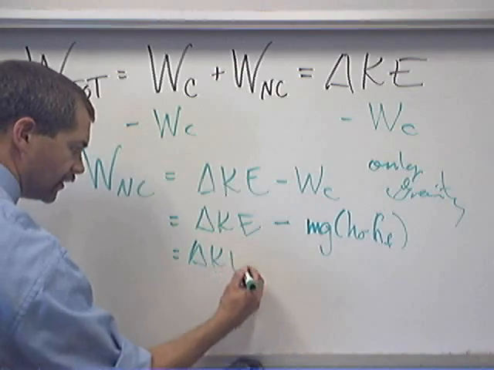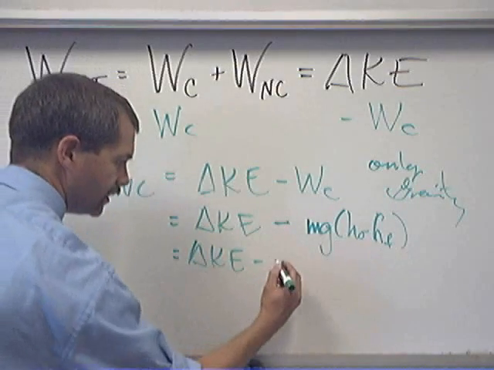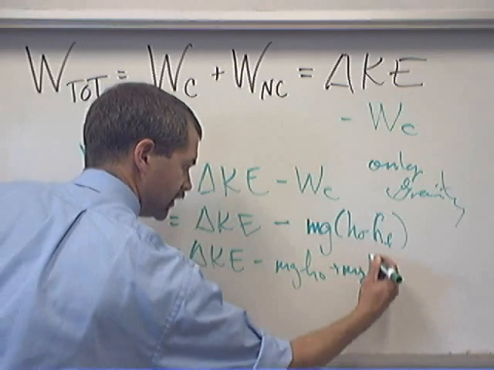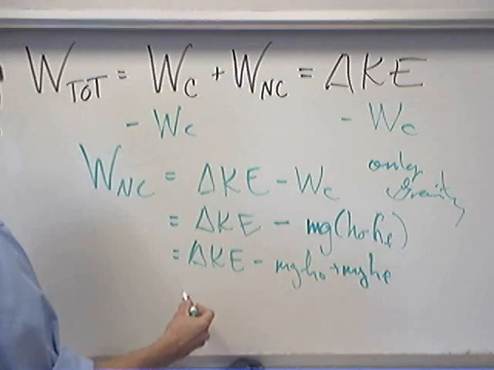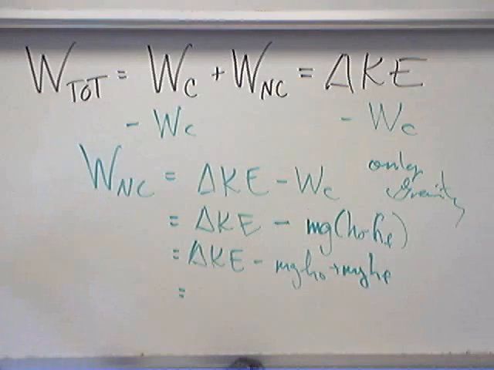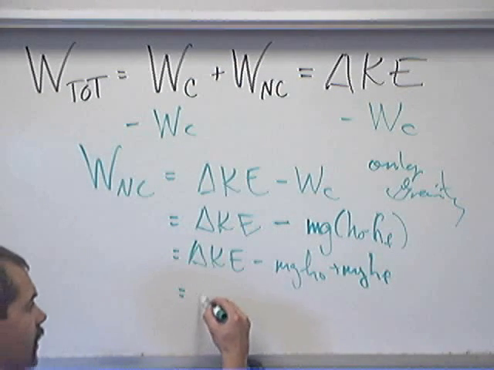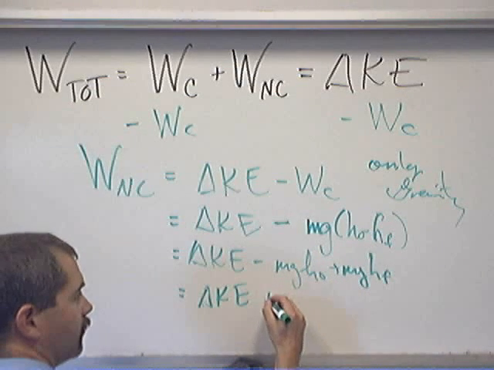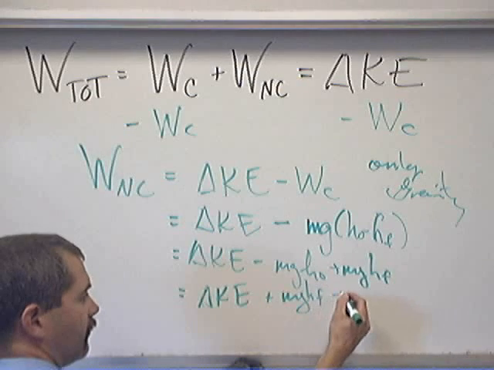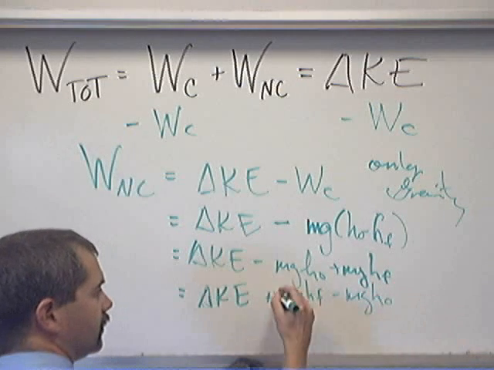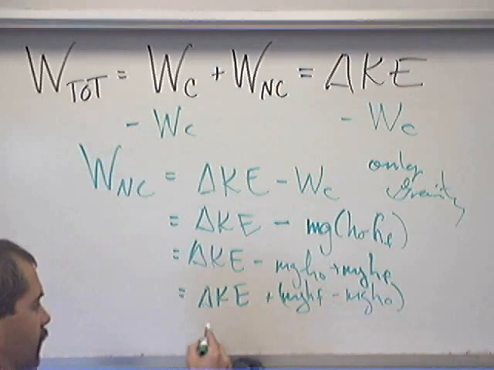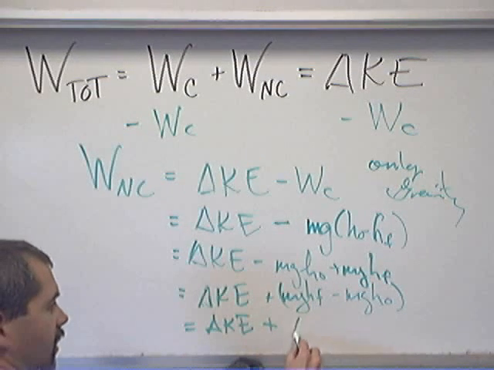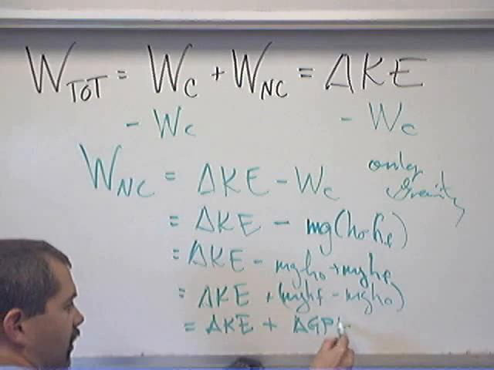Change in kinetic energy minus mgh naught plus mgh final. Move this around a little bit: the change in kinetic energy plus mgh final minus mgh initial. There we go. That looks a little bit cleaner. This becomes the change in kinetic energy plus the change in gravitational potential energy.